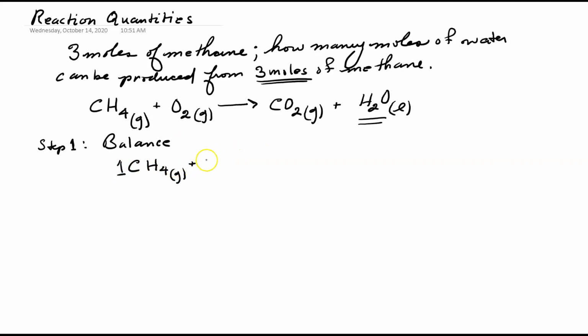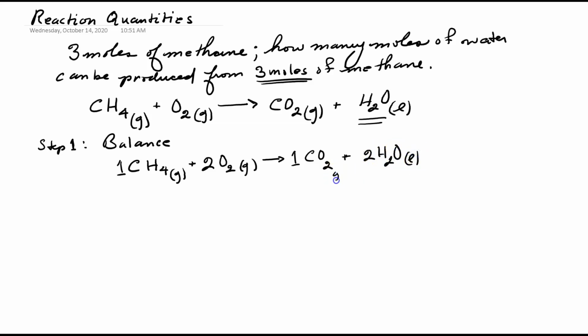We could go through the process of organizing it, but I think you'll see it very quickly. 2 oxygen moles for every 1 methane mole produces the 1 mole of carbon dioxide, and of course 2 moles of water.